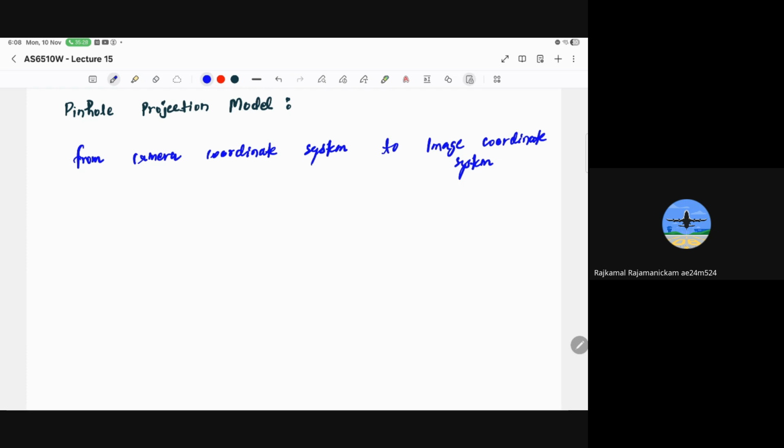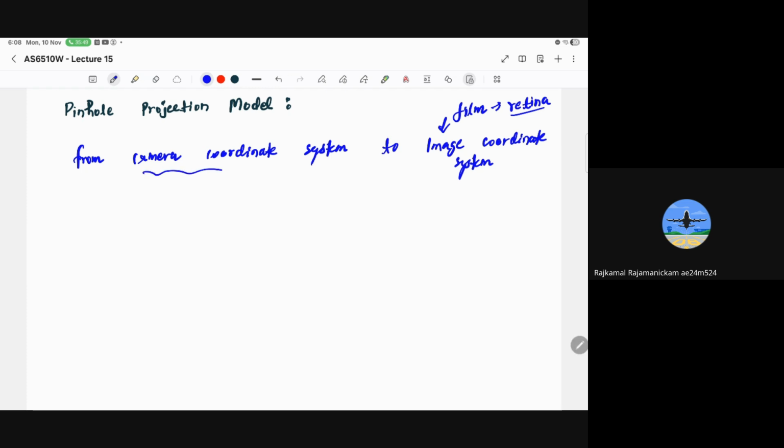Okay. This image is basically the film of the camera. Or you can also consider it like a retina of an eye, right? So this is all the physical thing which is there in the camera itself. So we are doing transformation within the camera, right?